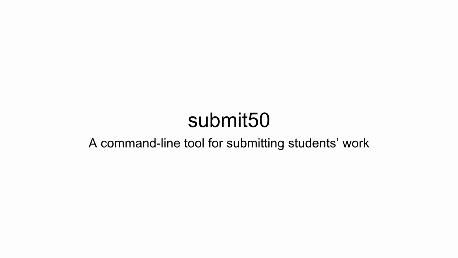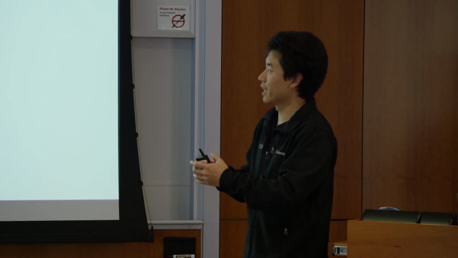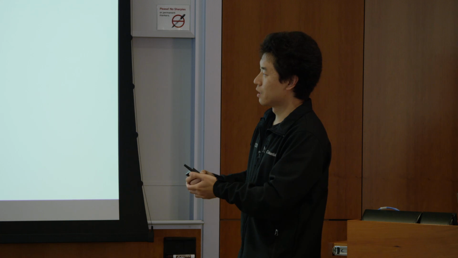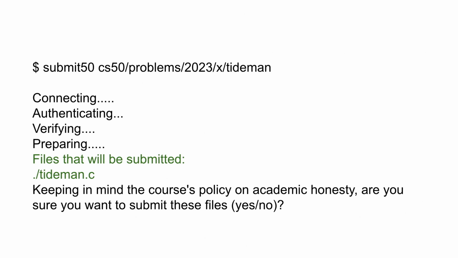We are wrapping lots of Git commands just to simplify students' lives, because Git could be confusing at first for a beginner. So it's basically a wrapper that automates all the Git commands for students, and a student would simply run a command similar to Check50 to submit a particular problem set.